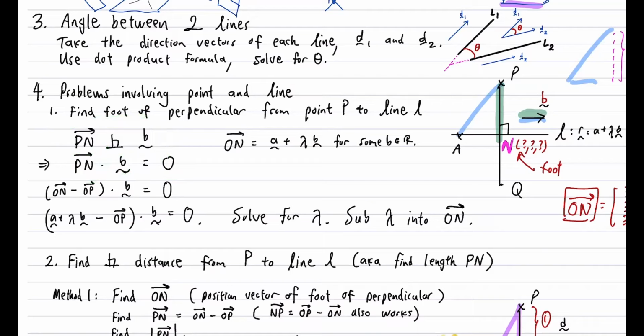Then what else? PN. Do you remember at the beginning I told you end minus start, end minus start? Same thing, we're going to apply that here. ON minus OP, so vector PN is ON minus OP, end minus start. Maybe I should write down ON minus OP, clear, with brackets.